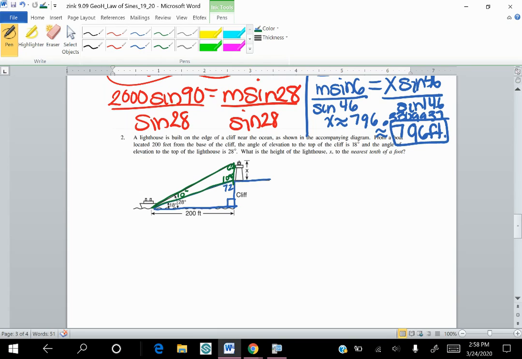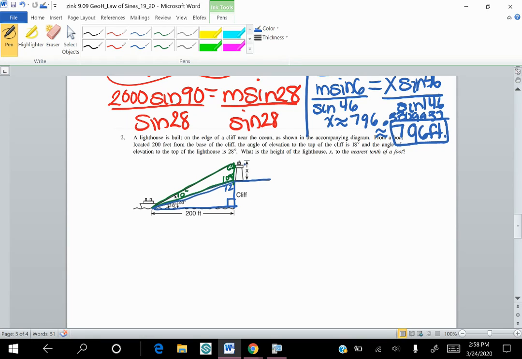So now I look again at this blue triangle and say, okay, again, I have that 200 feet. Now, do I know the angle across from it? And I'd say, yes, I do.